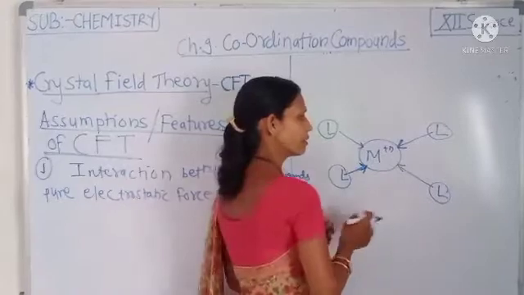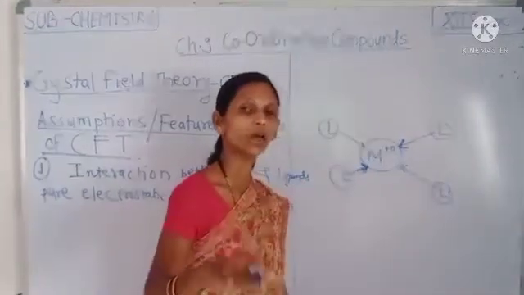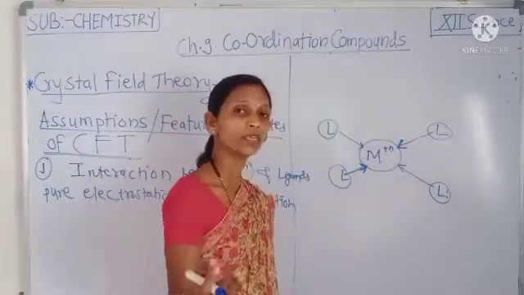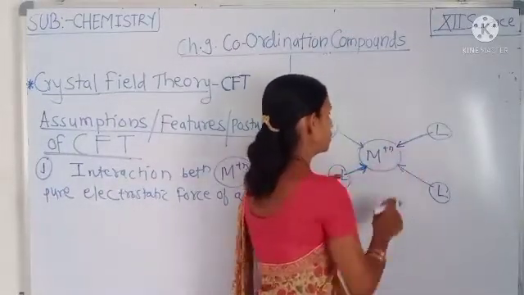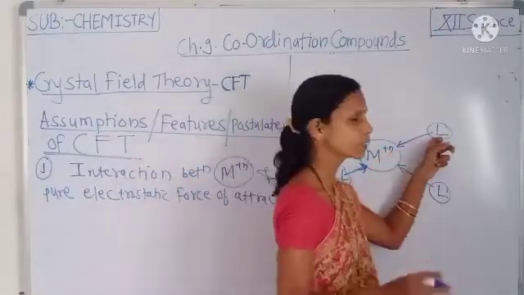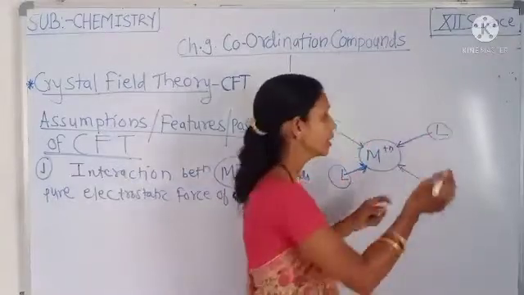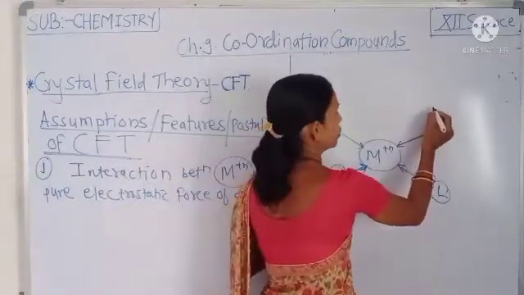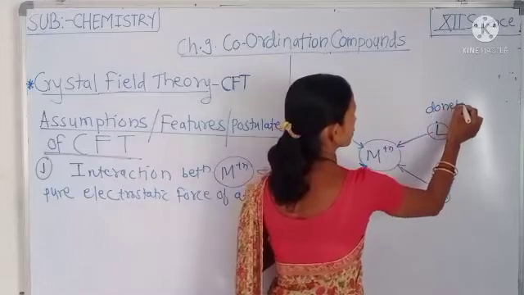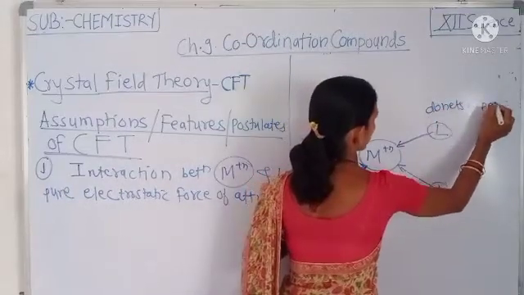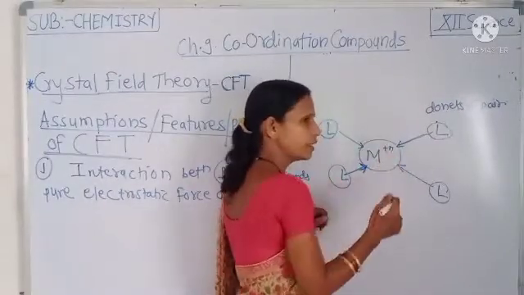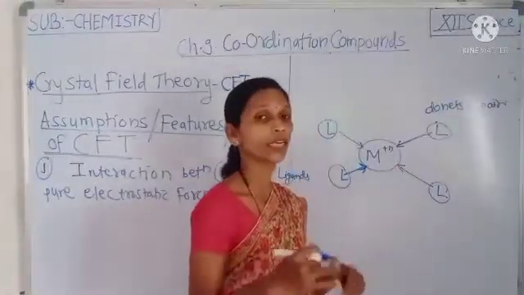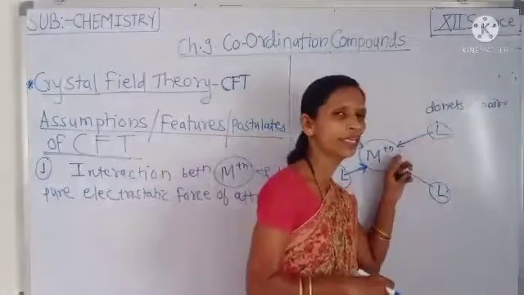Ionic nature, all of you studied in the previous lecture. That means the bond between metal ion and ligand forms because the ligands donate an electron pair to the central metal ion, and the central metal ion accepts the electron pair from the ligands.